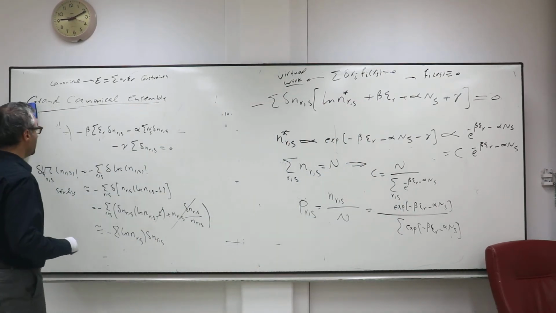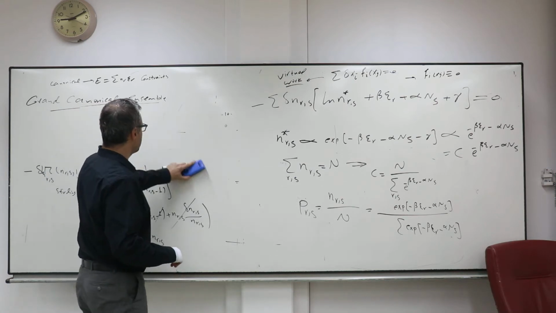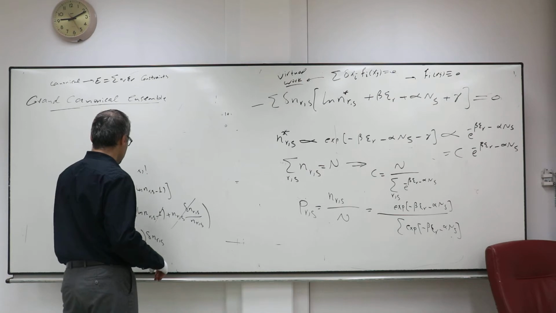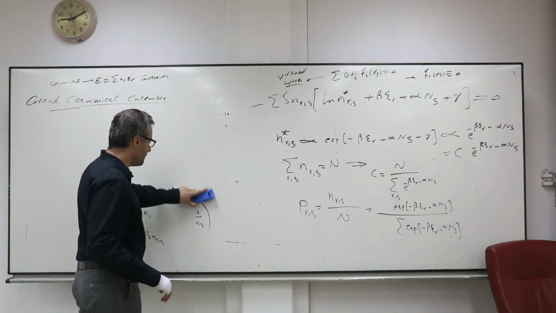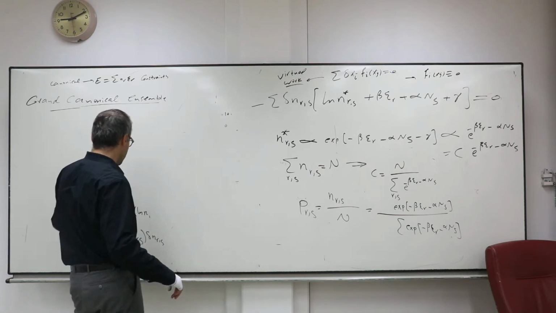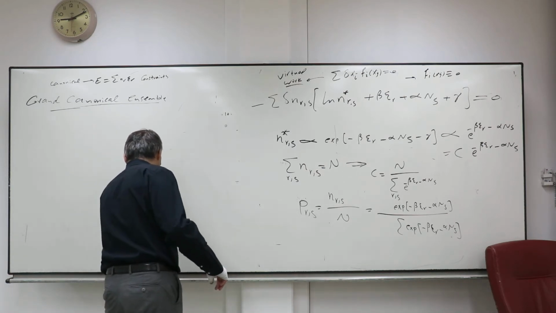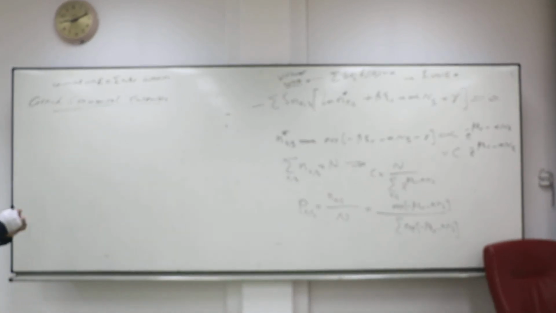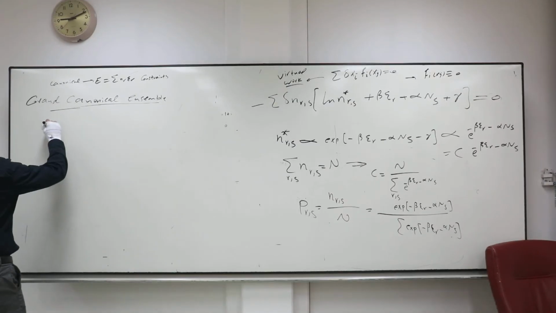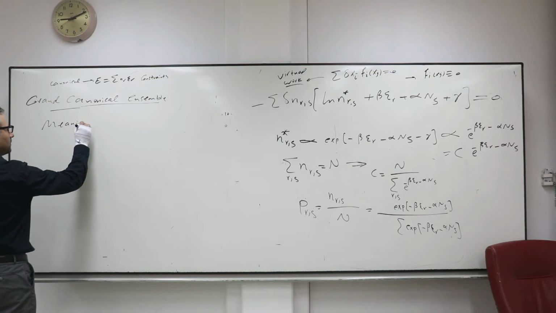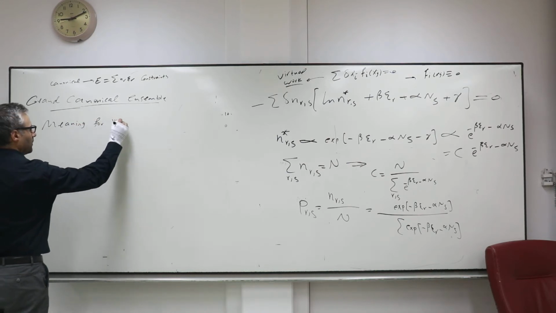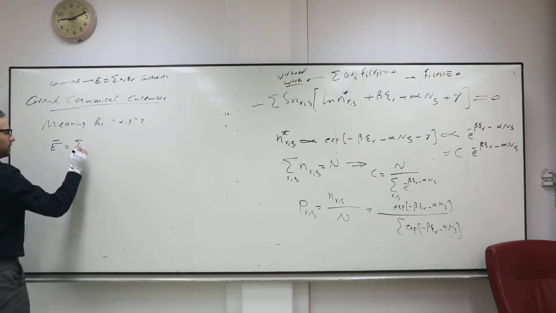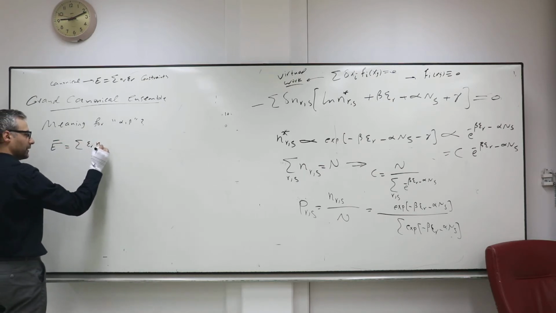Just starting from the thermodynamics equations, you can see that beta is related to the average of the energy because you need to find the mean of alpha and beta. So meaning alpha and beta. So the average of the energy is sigma er n rs.